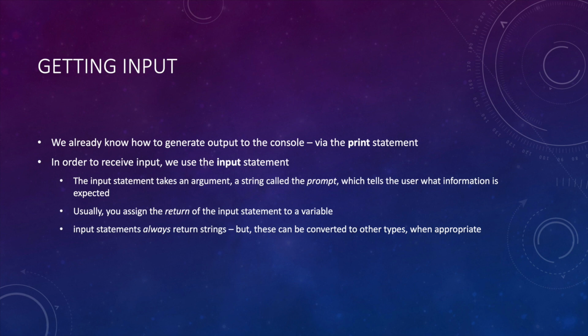Usually, you assign the return of the input statement to a variable. So in other words, you have some variable gets input with a prompt. You'll see how that works in just a couple of seconds. Input statements always return strings, but those strings can be converted to other types when it's appropriate to do so.